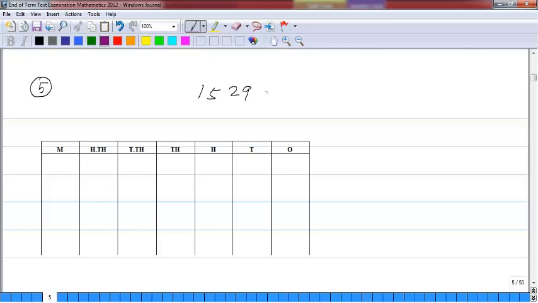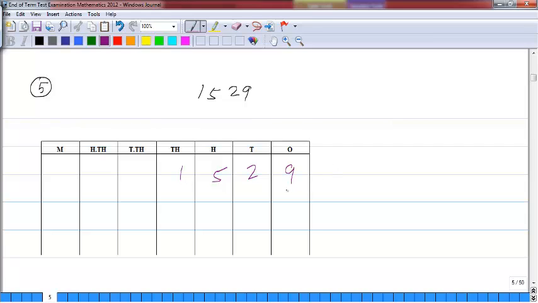Number 5. Number 5 says, which digit in 1529 has the greatest value? So, writing from right to left, let's put the number in. We have 9, 2, 5, and 1.